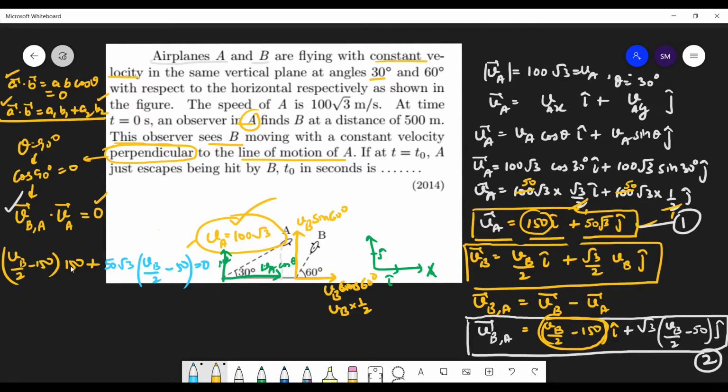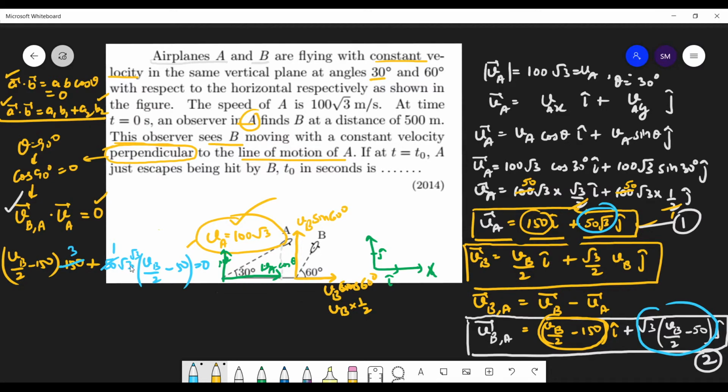So divide both sides with 50. You will get 3 here. Here you will get 1. And students, there is root 3 here also, and there is root 3 here also. We have forgotten to write root 3. So there will be root 3 and one more root 3 is there. So root 3 times root 3 will be 3.